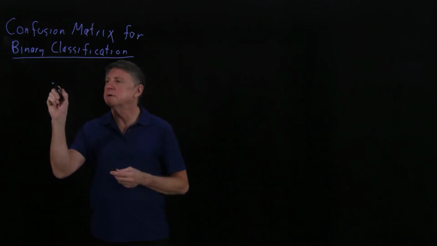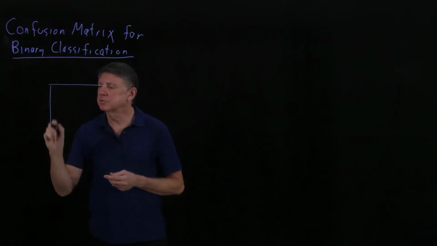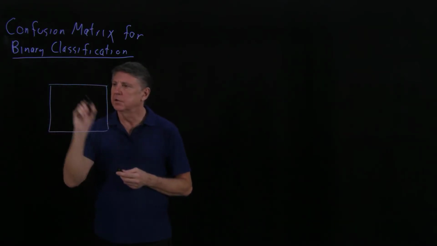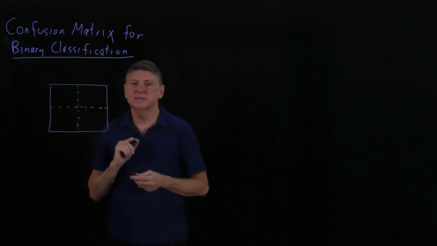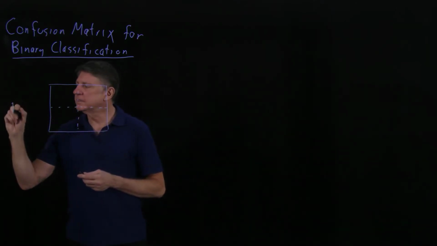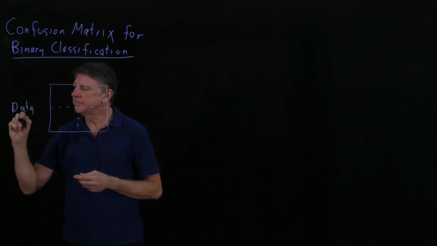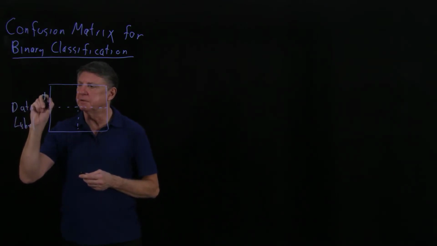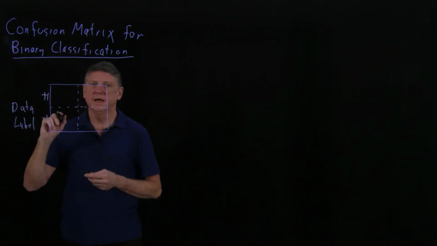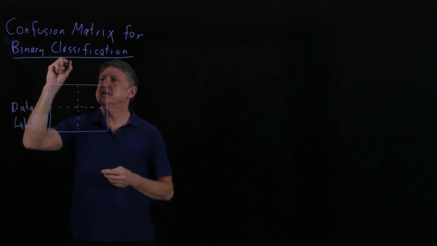If we recall binary logic, we had a truth table, and the way that we'll represent this truth table is we'll call this the data label, and for us this will be either +1 or -1, and this will be the predicted class.